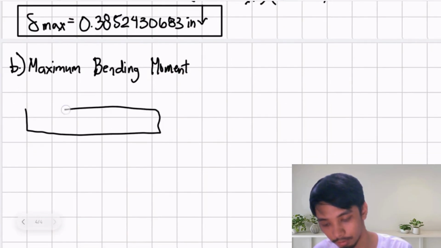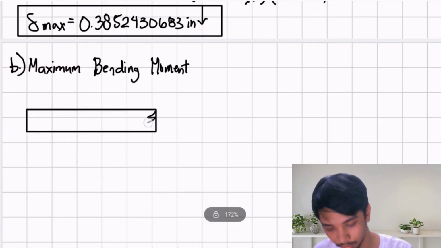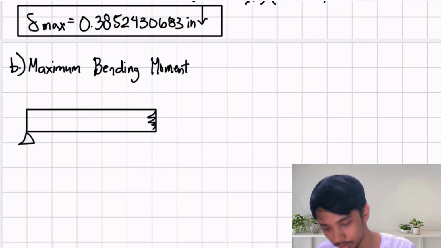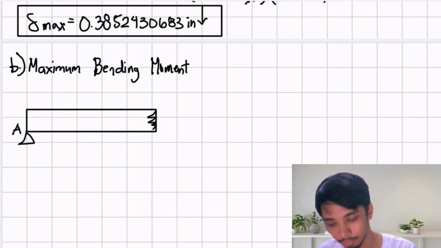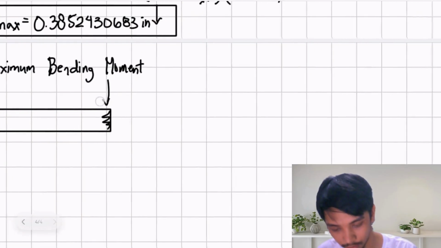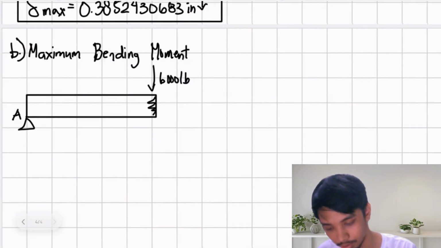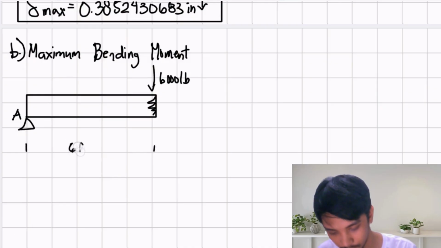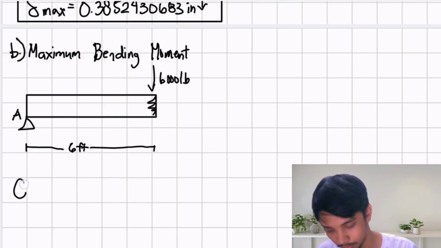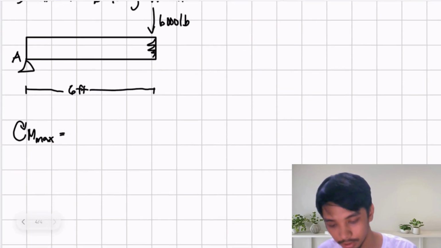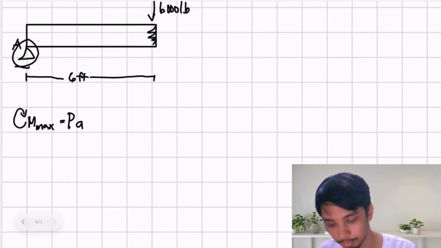From the left, so let's just try this. This is A. 6,000 pounds, and the length is 6 feet. So the maximum bending moment is simply the load times the distance from the support.